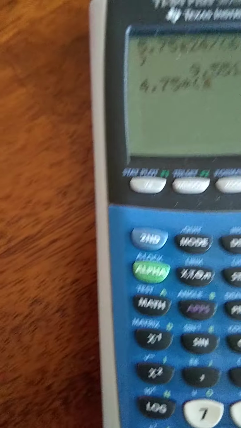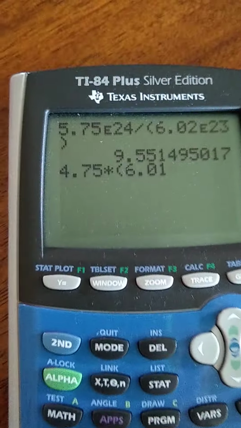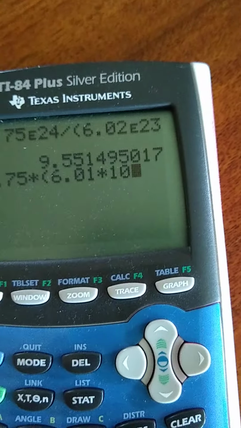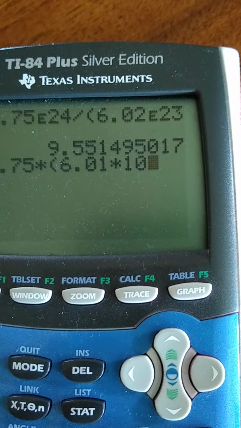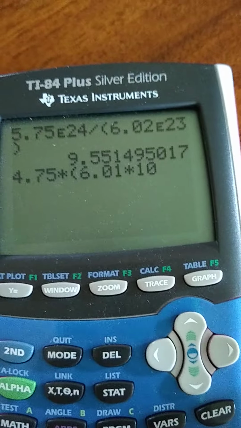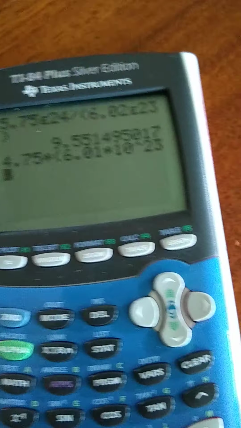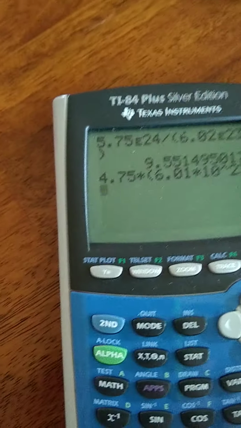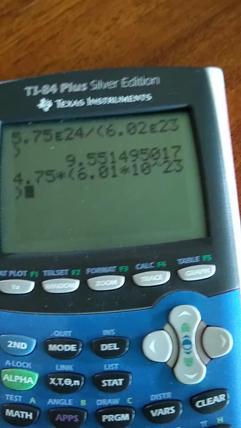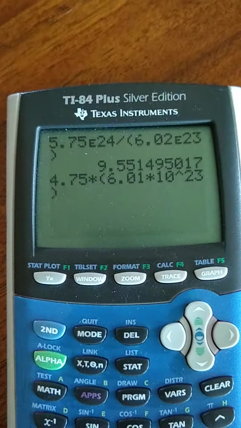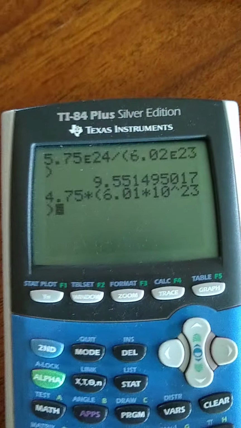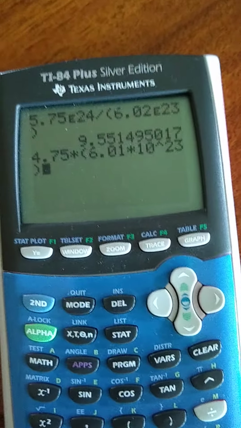So I'm going to do left parenthesis, 6.02, and I'm going to type in times 10 raised to the, so here's the raised to the button, raised to the 23rd. And then don't forget to put your right parenthesis in there. That would work. Just make sure you put your whole number in parentheses.